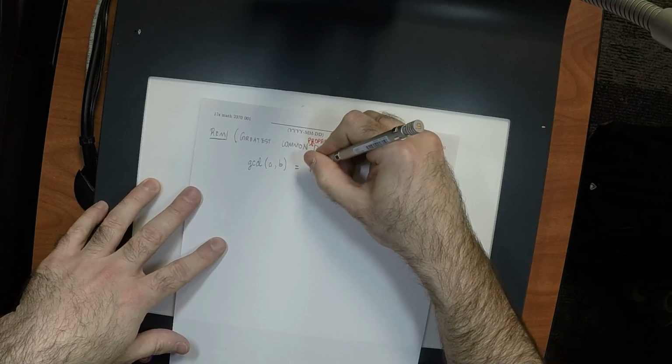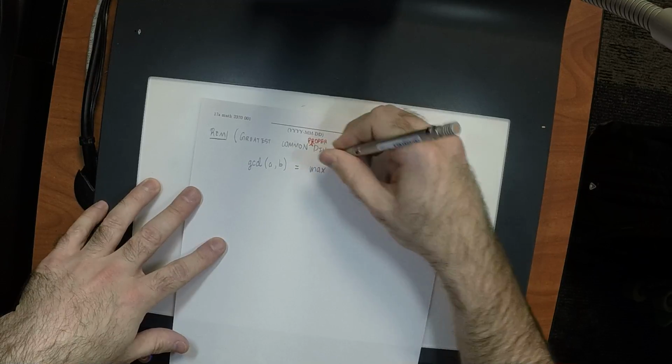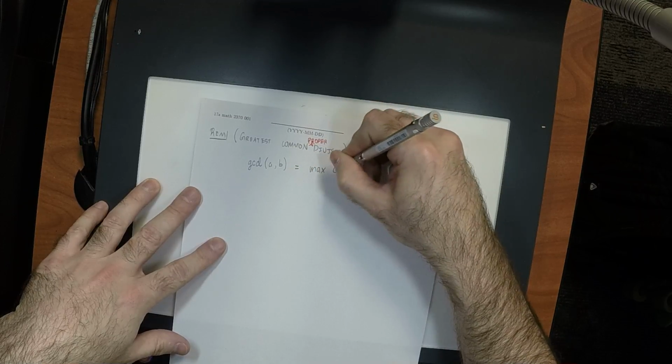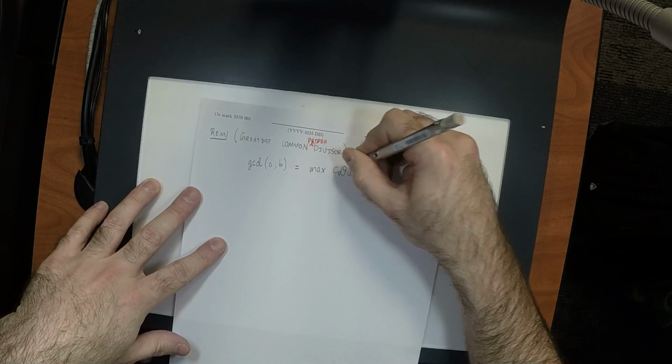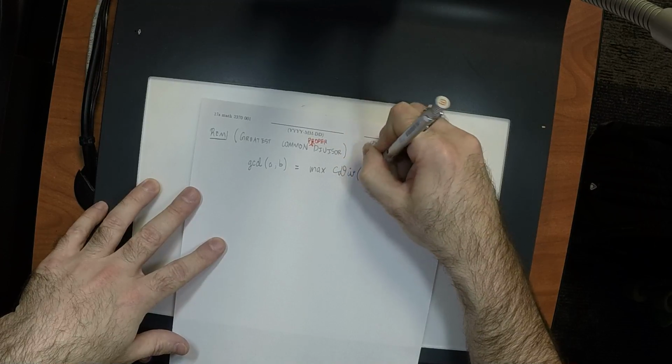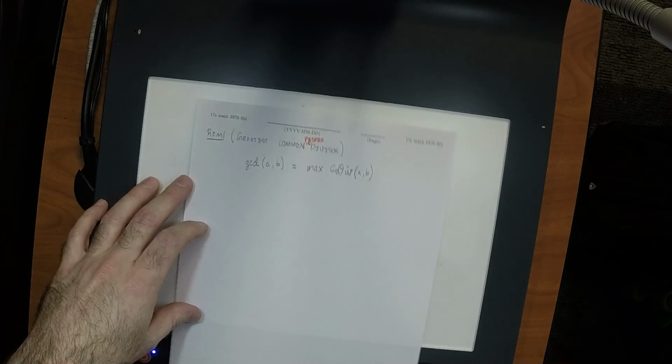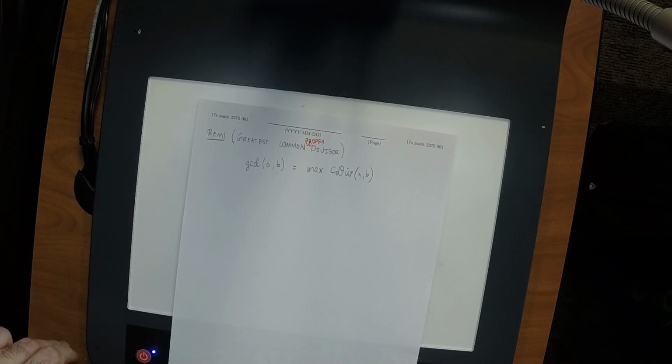is the maximum of the common divisors of A and B. Now, every time you write maximum in a math class, you need to be very concerned about the existence of such maxima.